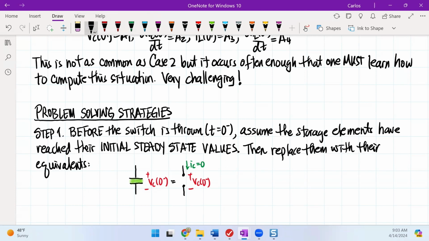And our other situation is that we have our inductor. In the inductor situation, we have a current running because it's saturated at 0 minus. Because it's a constant current, we treat it as a short. So we know that it has a current IL of 0 minus, but its voltage is now a short, which is 0.